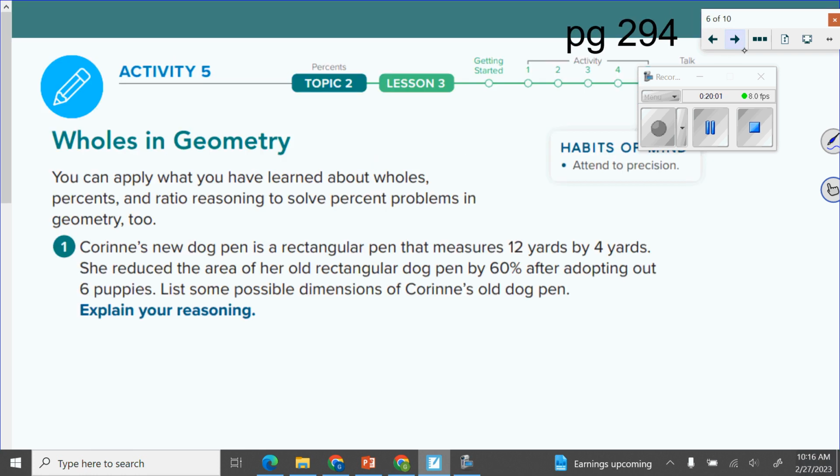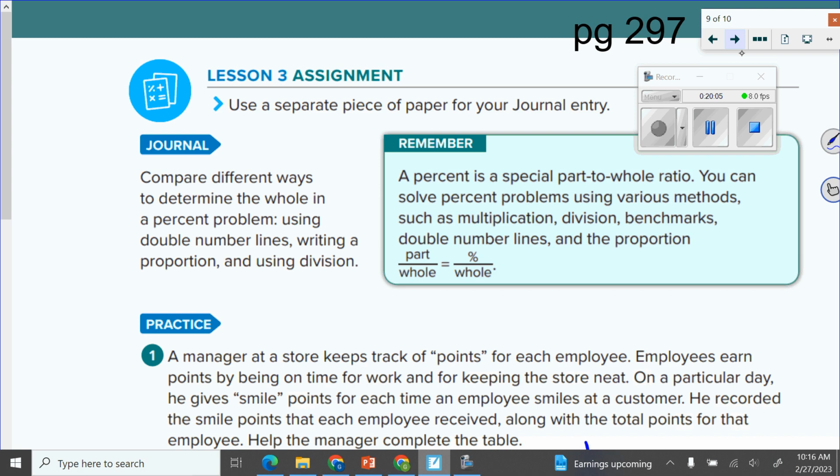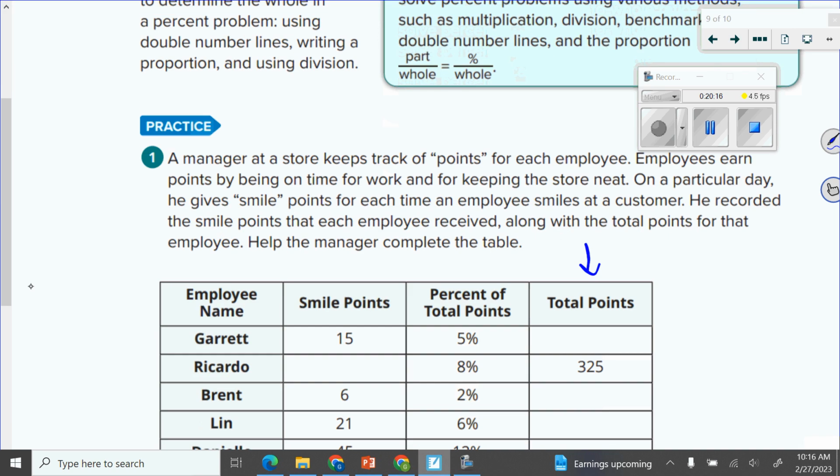So go ahead and turn to page 297. Guys, I'm going to give you a couple notes you're going to want to write down on this. So the manager at the store keeps track of points for each employee. They earn points for being on time for work and keeping the store neat on a particular day. He gives smile points for each time an employee smiles at a customer.